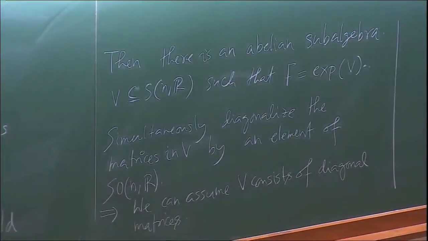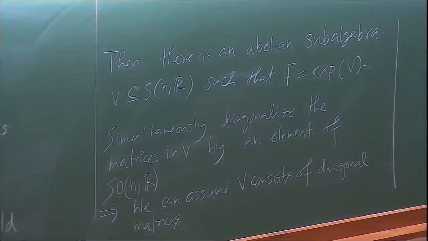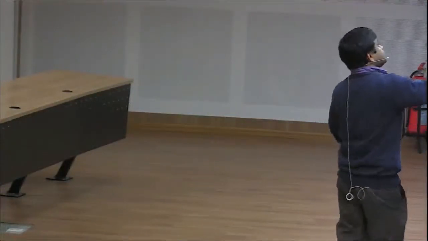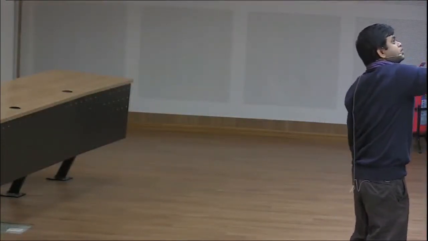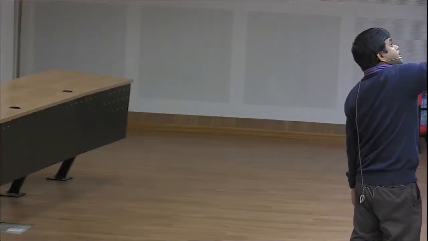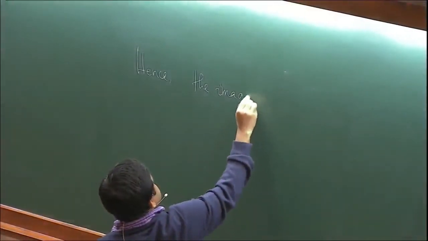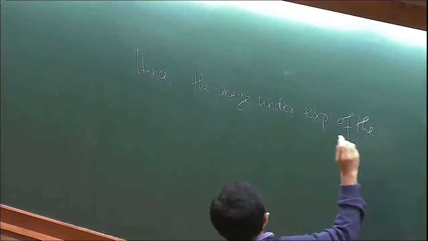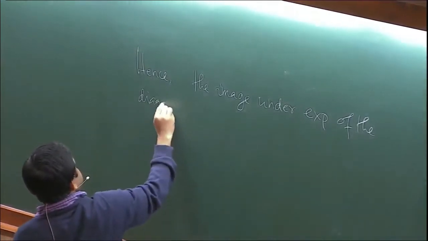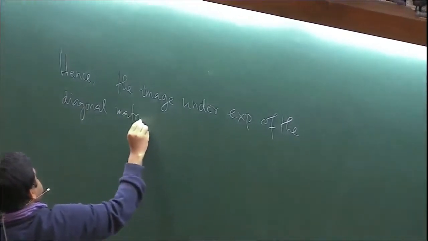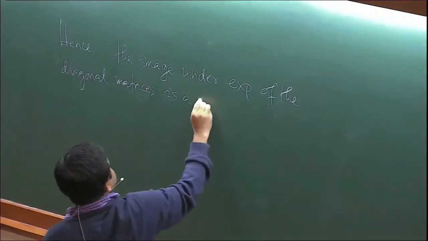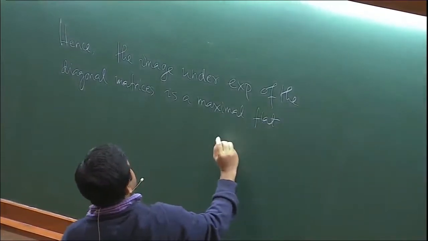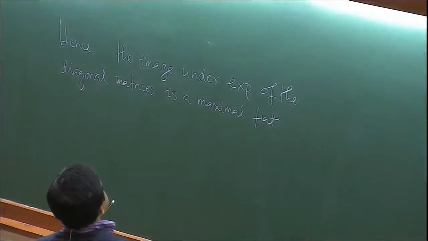So every flat, therefore, this proves that, hence, the image under the exponential map of the diagonal matrices is a maximal flat, and maybe let us call this F naught.